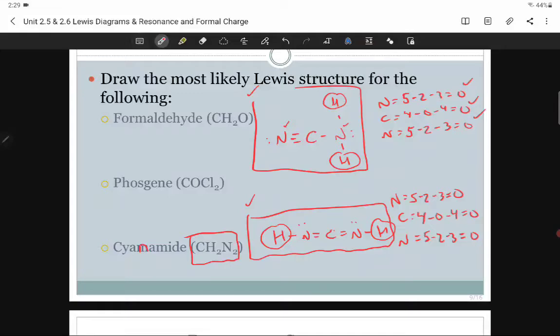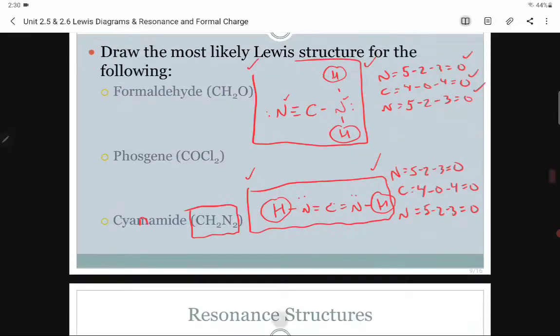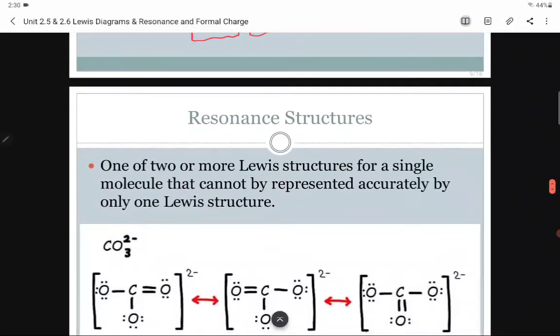It resonates between, if you see here, well, actually we're not going to quite use this example for resonance, but it does mean that both of these are both found in nature. So if you did either of these two, I wouldn't have this one on the test because we like on the test one particular right answer, not multiple right answers, but both these would be found in nature. Okay, at least from formal charge.